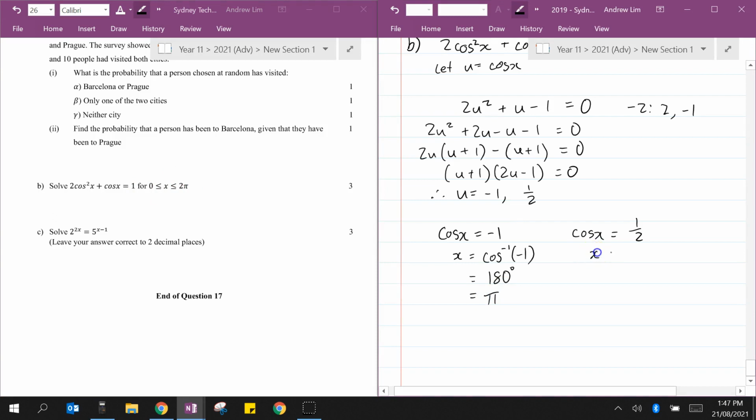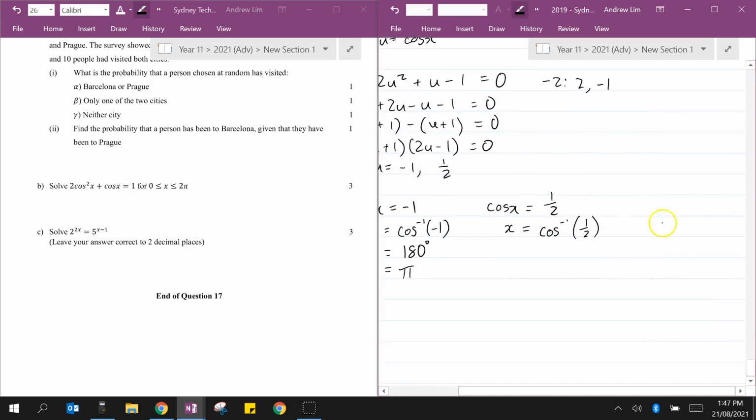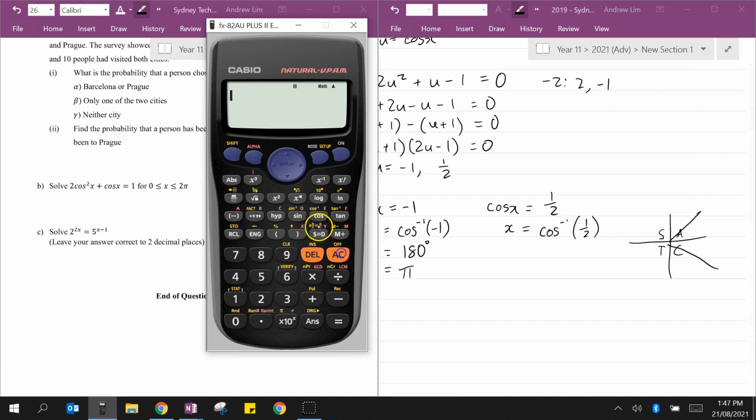And x is equal to the inverse cosine of half. But remember, we need to think about where cosine is positive. Here and here. So the inverse cosine of half is 60 degrees.